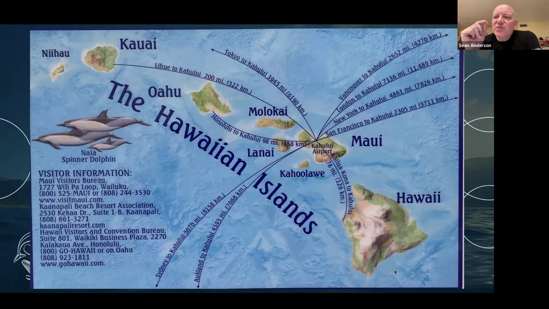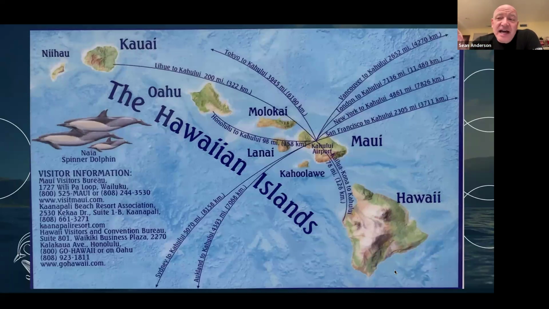And so wherever the plate is, this hot spot eventually pokes through, deposits liquid rock that eventually becomes solidified hard rock and builds up and builds up and builds up. So the youngest land in Hawaii, the newest rocks, are off to the right. And as we go up and to the left, we're getting older and older islands and therefore older and older rock formations.